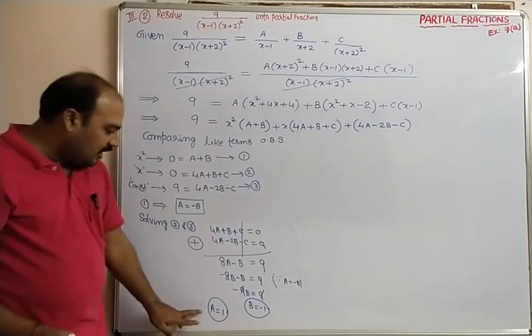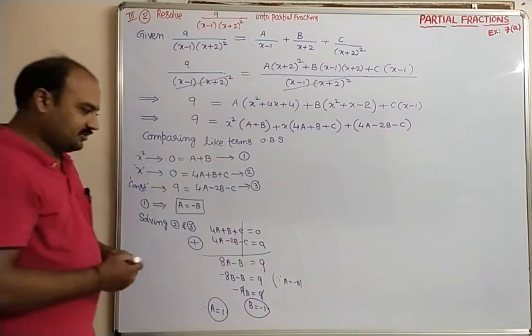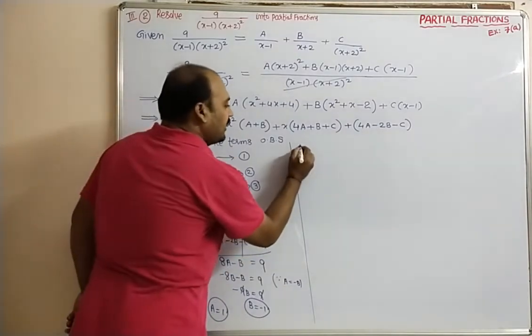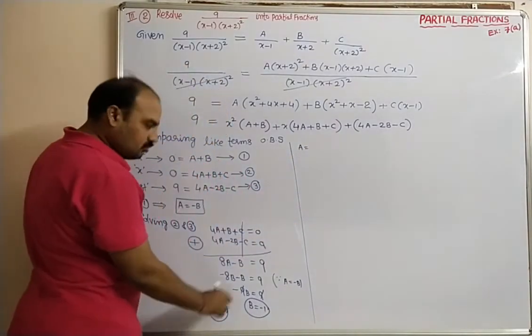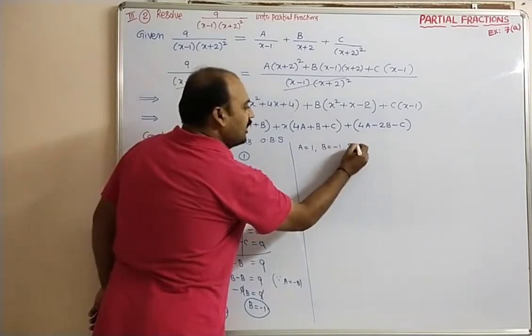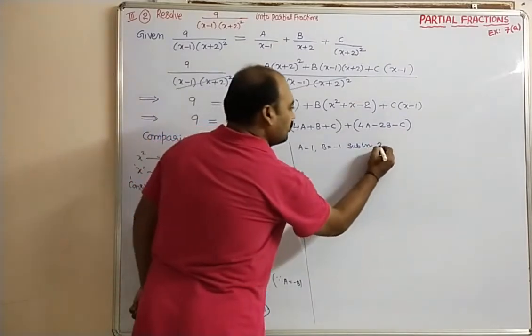After getting the a value and b value, substitute either in the second equation or the third equation. A is equal to 1, b is equal to minus 1. Substitute in equation 2.